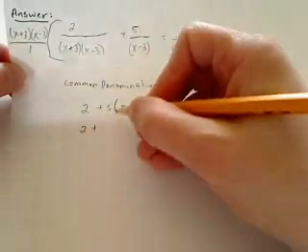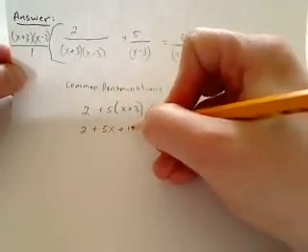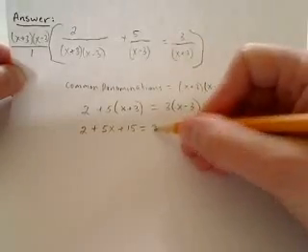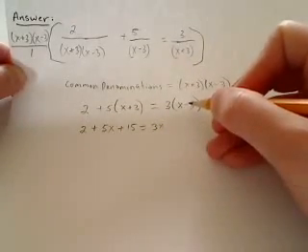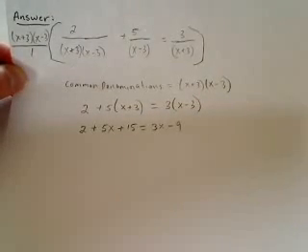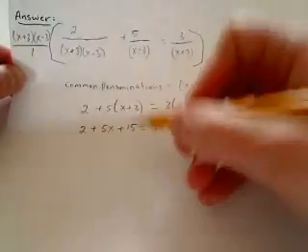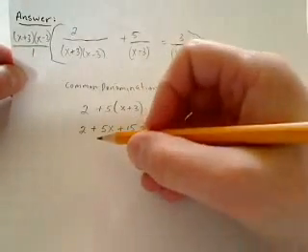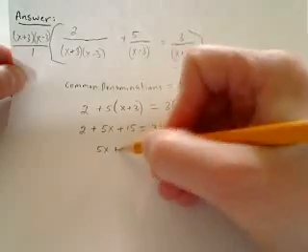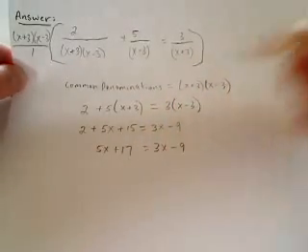So I get 2 plus 5 times x is 5x, and then 5 times 3 is 15. And then we have 3 times x, which is 3x, and then 3 times a negative 3, which is a negative 9. Now what I do is combine all values together. On the left side 15 plus 2 is 17, so on the left side I have 5x plus 17, and on the right I still have 3x minus 9.